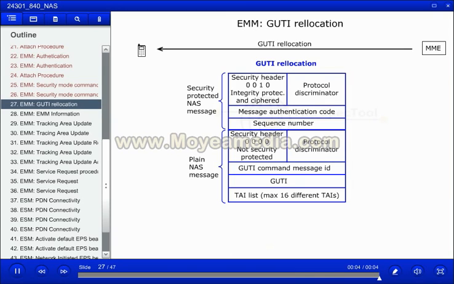The GUTI relocation is performed in a unique procedure or implicitly in attach accept or tracking area update accept. GUTI relocation is a plain NAS message, usually ciphered and integrity protected.